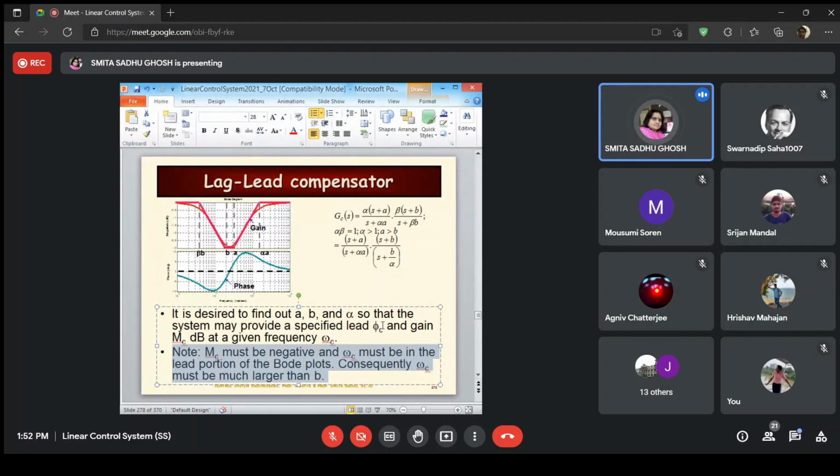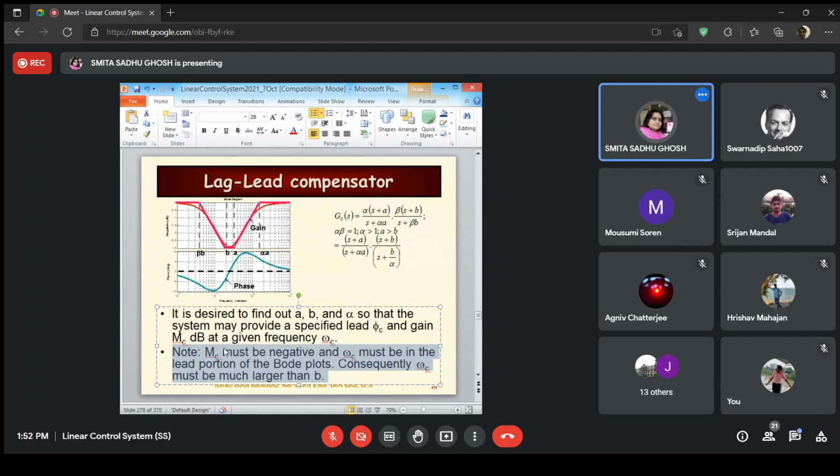Why would we go in for some other compensator, right? So if we are going in for designing a lag lead compensator, it would imply that we would be asking for a negative value of magnitude where we get, where we are asking for a lead parallelly.